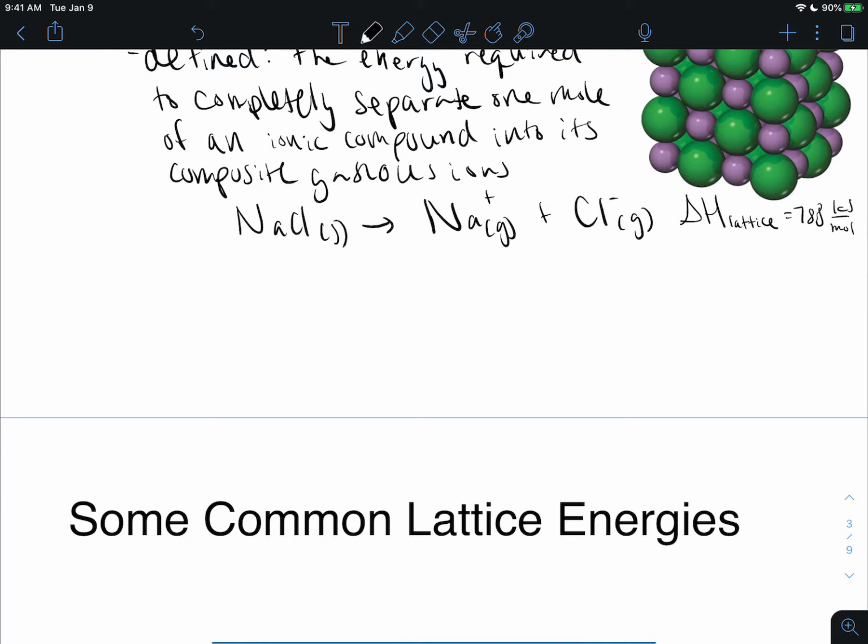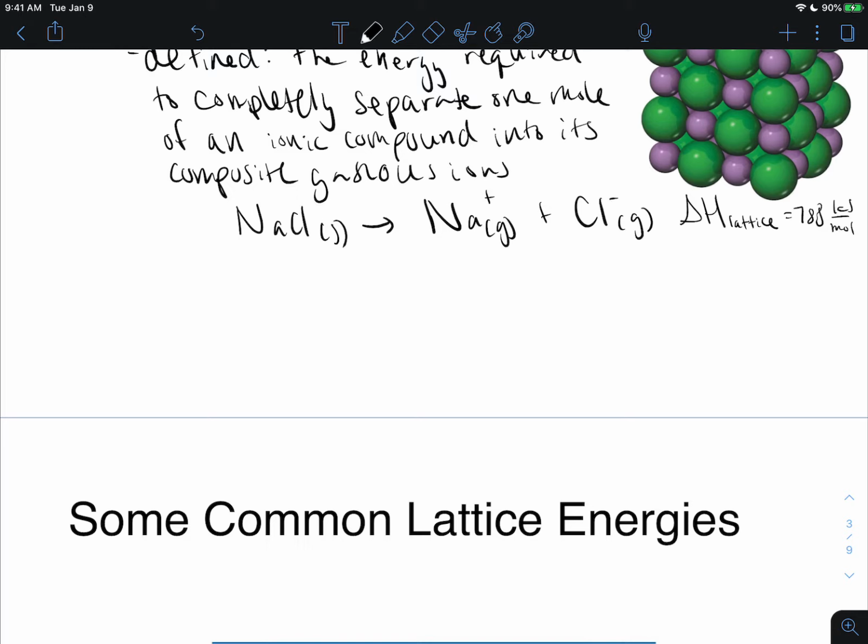Okay. And if we are forming our ionic compound from the gaseous ions, we would just reverse the sign of everything. Now, keep in mind some things when we're talking about our lattice energy. When we are looking at the ions themselves, they're in the gaseous form, so they're going to be infinitely far apart. So there's no attractions or repulsions between the ions.